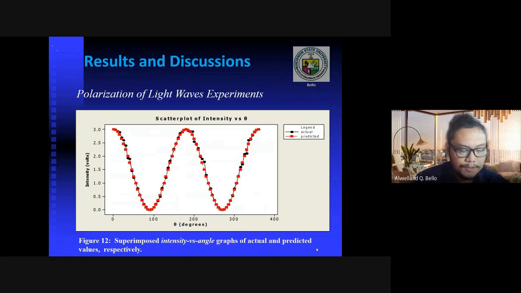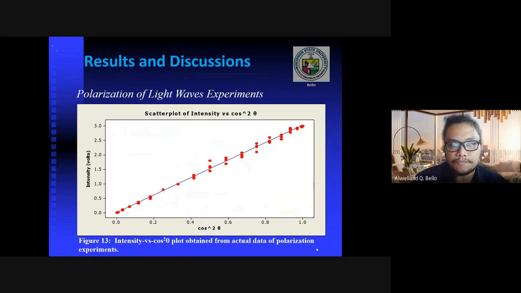For the polarization, we have this sinusoidal scatter plot for the intensity versus the angle. Figure 12 is the superimposed intensity versus angle graph of actual and predicted values. Another graph, also in Figure 13, is intensity versus cosine squared theta.